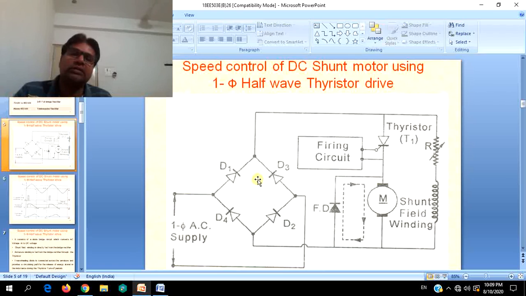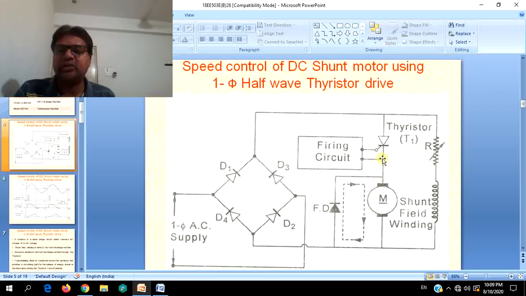So whatever DC output voltage is coming out of the diode bridge is totally fed to the shunt field winding without any alteration, whereas the same is fed to the armature via an SCR connected in series with the armature.